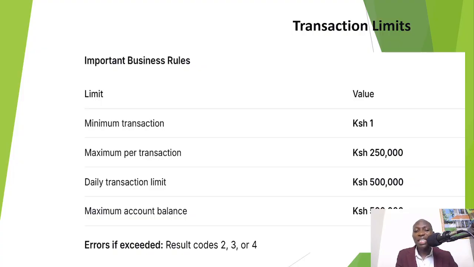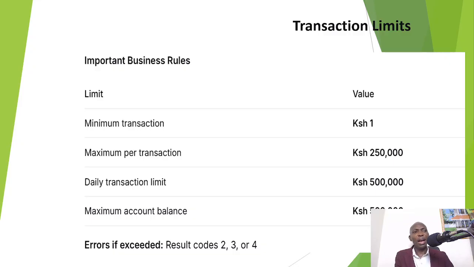The other one is the daily transaction limit. M-PESA has a daily transaction limit of, I think, 500k or 499,000, I don't know, but mostly 500k. Ensure per day you are not sending more than this money. Okay, maximum account balance. This is K shillings 500,000. So what this means is this.